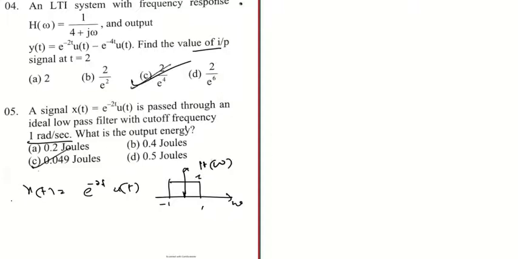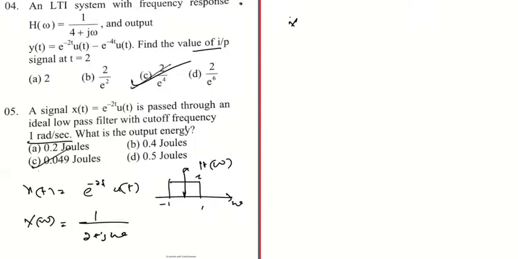So what is the output energy? We have to find out the output energy. So I am going to use the concept of power spectral density over here. For that, X of omega, that is the Fourier transform, is 1 divided by 2 plus j omega.